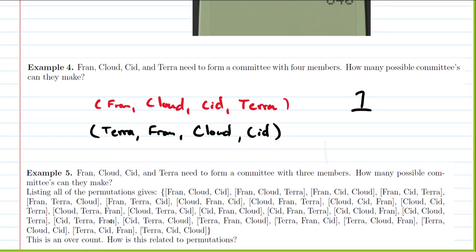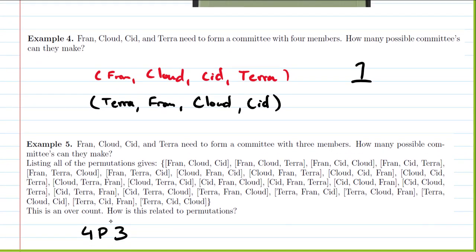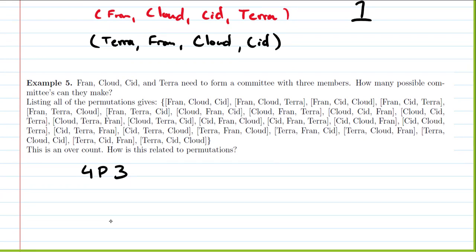But as we saw in the previous example, even though we had 24 possible permutations, there was only one committee with 4 members, right? So we need to find all of our committees that are going to be the same. So we have 24, but this is an overcount. So how much did we overcount by?